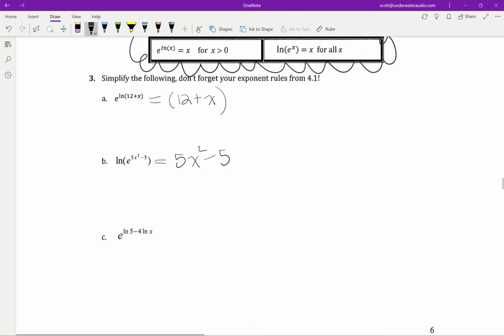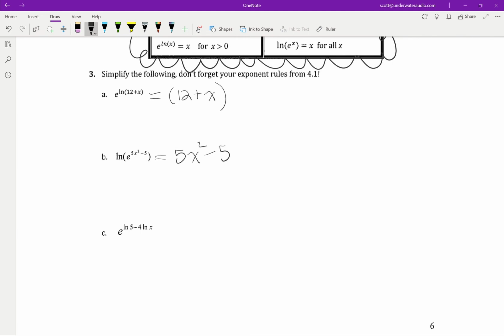And then part C is a little more complicated because it's not just e to a natural log, there's a little bit more here. So I think we're going to have to use some rules to sort of get it into a format we can use. So just off the top of my head, some of the rules that I can think of are, if you have b to the 2nd power times b to the 3rd power, that's just b to the 2 plus 3 power.